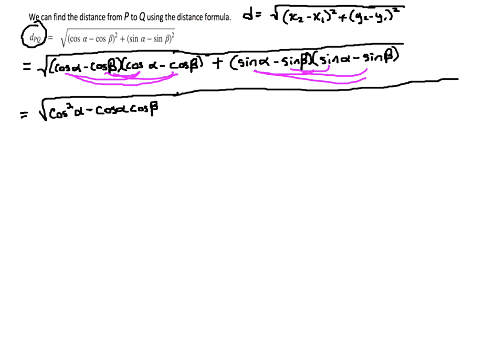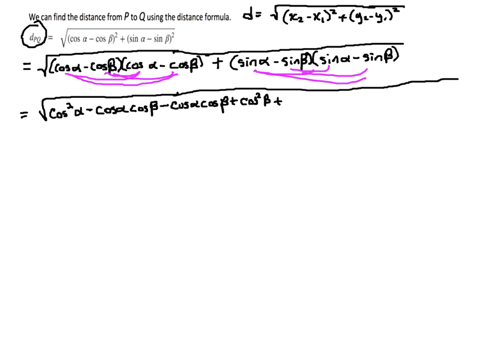Going on the inside, negative cosine beta times cosine alpha is also negative cosine alpha cosine beta. And then negative cosine beta times negative cosine beta is positive cosine squared beta.